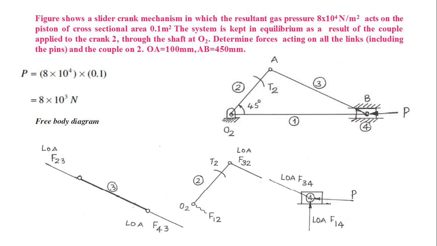So if you want to get the force, you have to multiply the pressure with the area. So 8 into 10 to the power of 4, multiplied by the area 0.1, automatically gives you the value of load. So sometimes it is given indirectly.